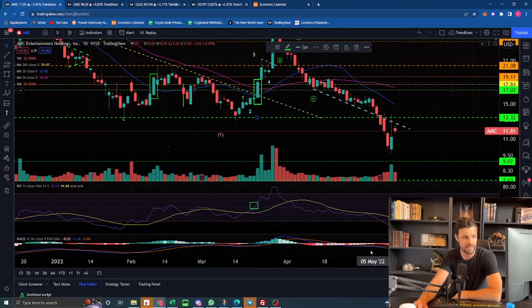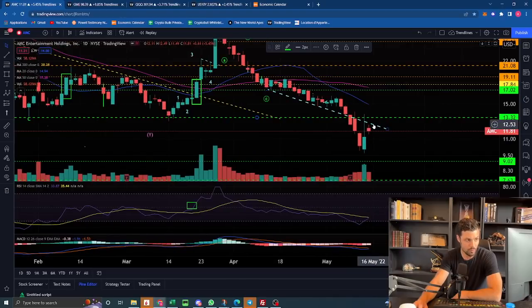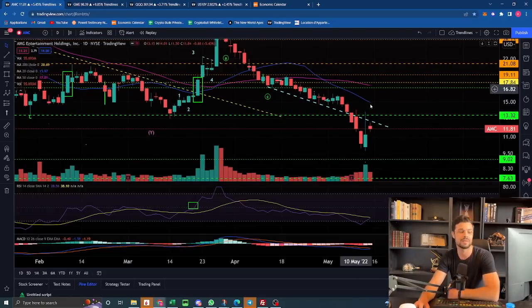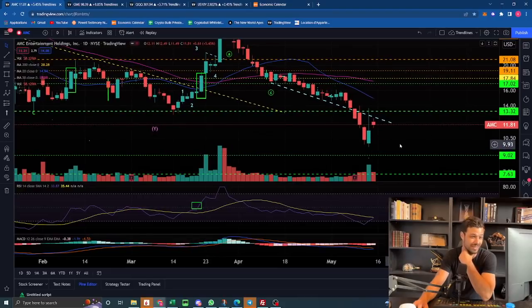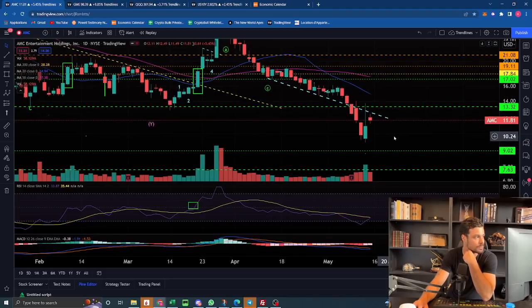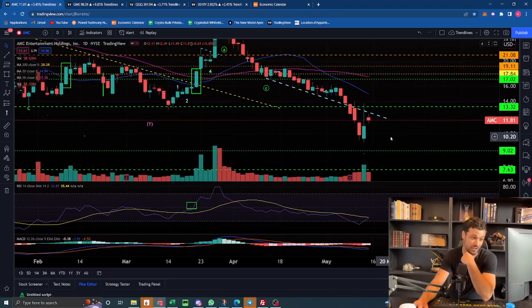So I would say that on the short term, above 12.5 we are bullish, but on the medium term we need to get above 13.5. So I don't know what's going to happen next week, but I think that we might have maybe 1 or 2 more days of bullish price action and then maybe some more bearish situation. So we're gonna see.